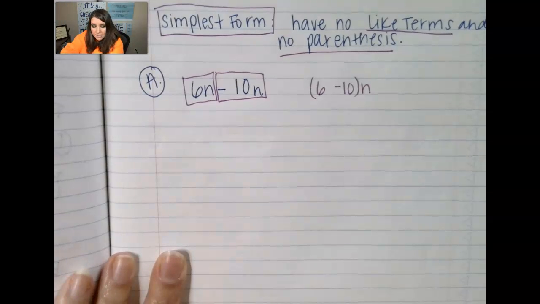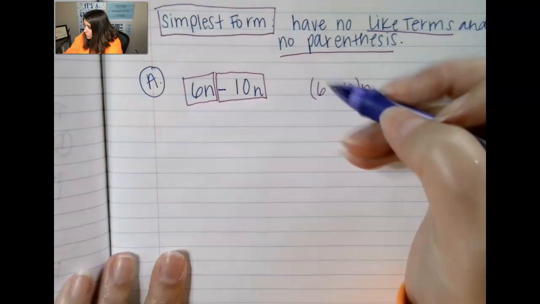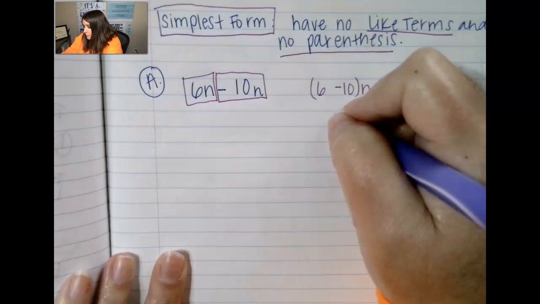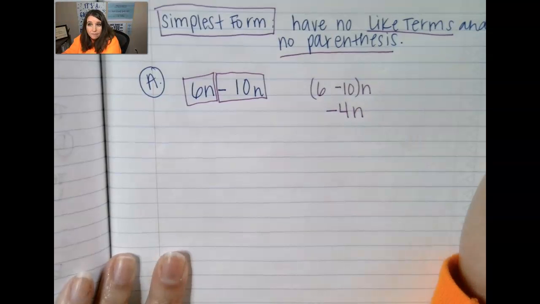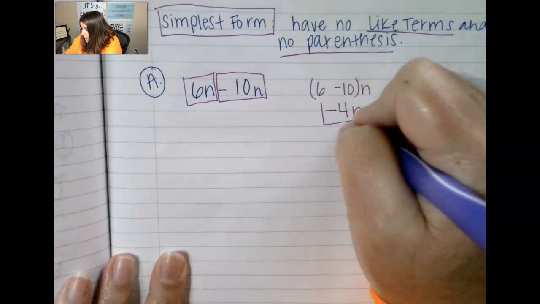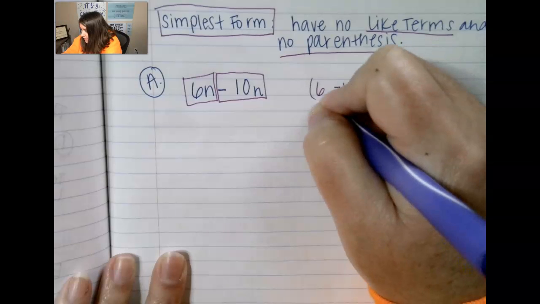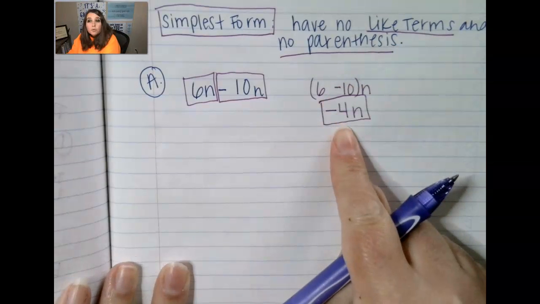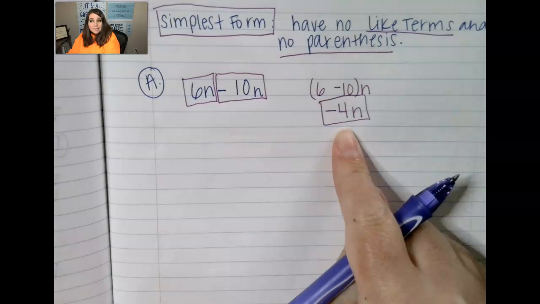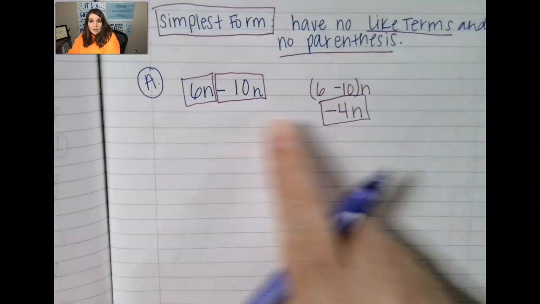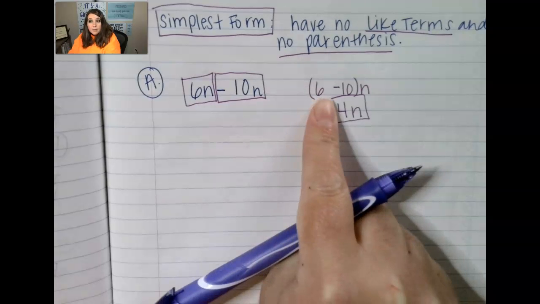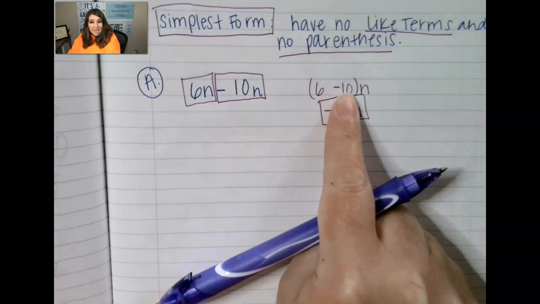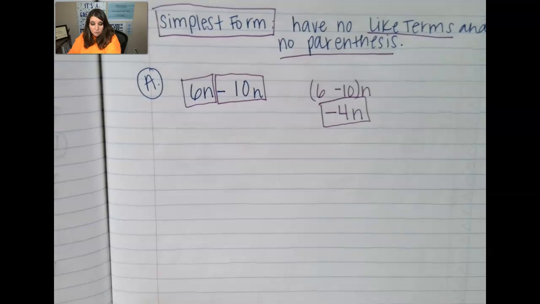So if I have 6 and I remove 10, I have negative 4 n's left. So the simplest form is negative 4n. I've combined all the n's together and put them like 6 minus 10 n's, and I have negative 4.